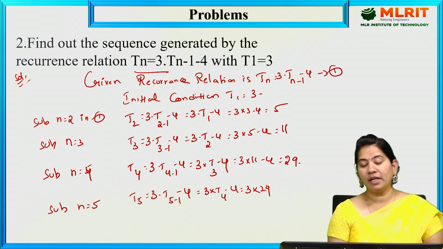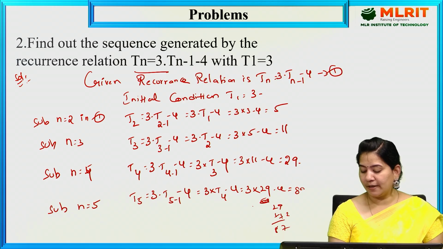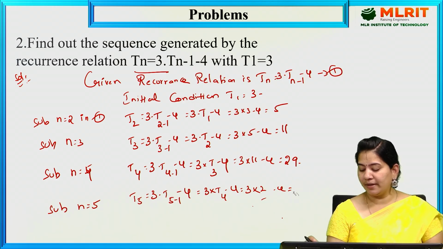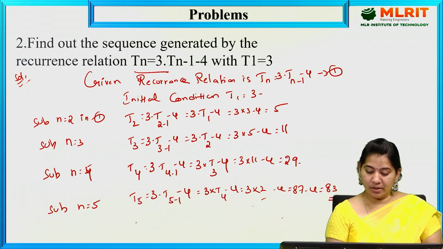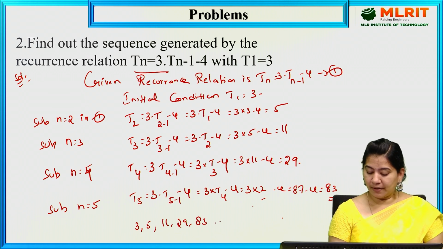So 29 into 3: 3 nines are 27, 3 twos are 6, so 87 you will get here. So 87 minus 4 is 83. So the sequence generated from the given recurrence relation is 3, 5, 11, 29, 83.